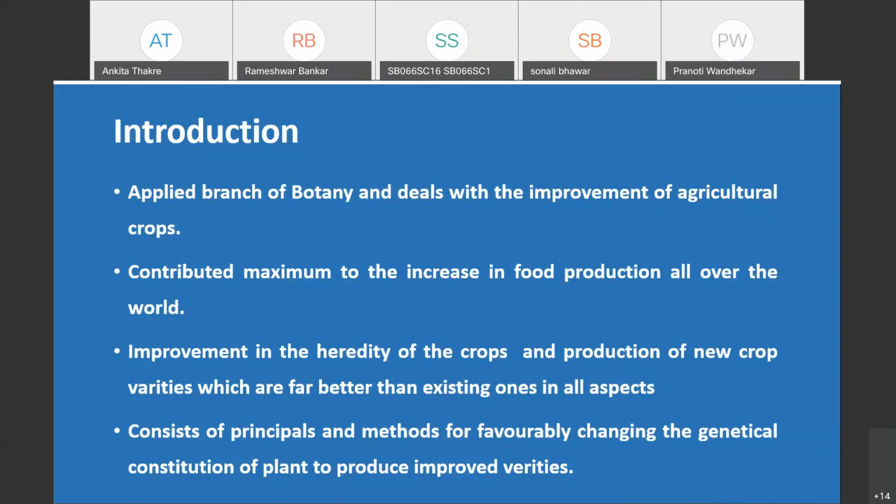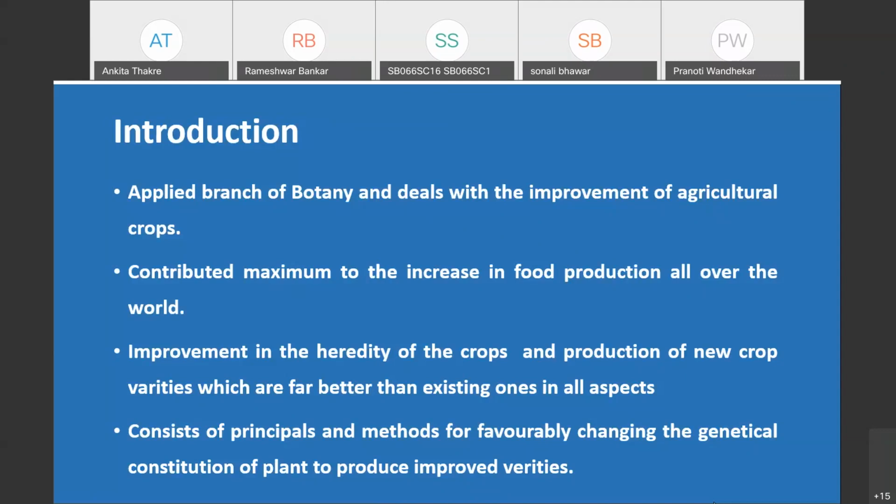Plant breeding can be defined as the science of improvement in the heredity of the crop. Heredity means the inheritance of characters, that is, how characters are transferred from one generation to another generation.